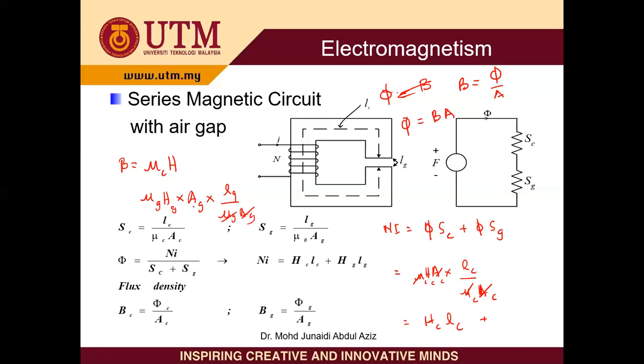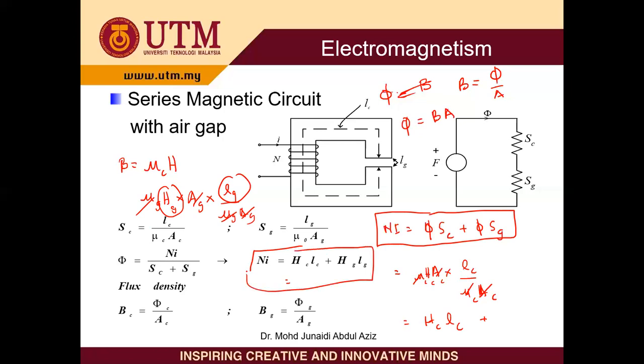So this cancels out, and this one also cancels out, that's why we have only Hg and Lg. So we can also write down the equation as this one or this one.